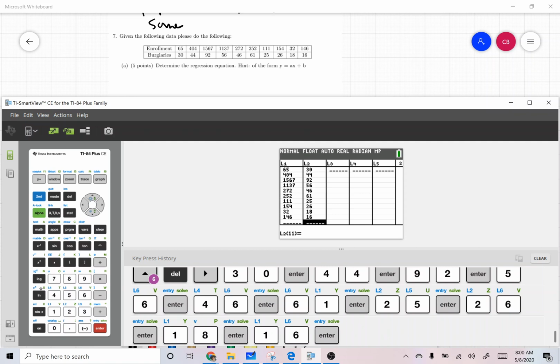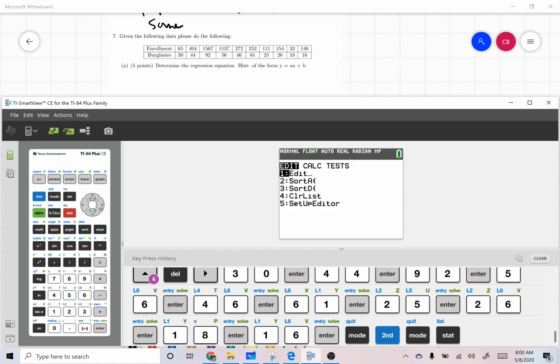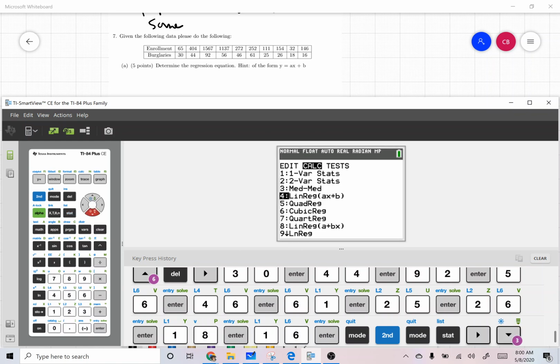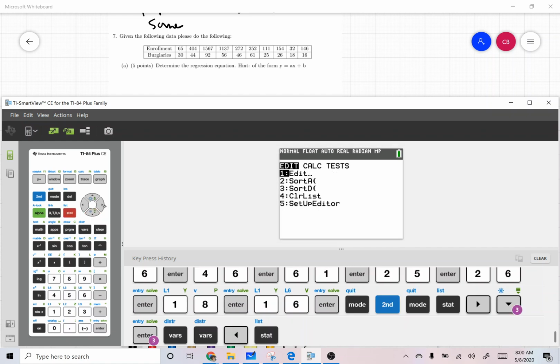Okay, we've got that entered, so now we can look at a linear regression equation. Since it wants ax plus b, that's this button. Obviously, if you look lower, there's a plus bx. Those basically do the same thing, it just gives them in a different order. List 1, list 2. This is under calc.